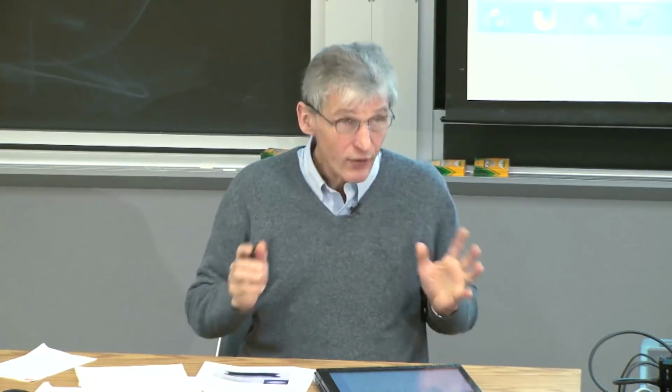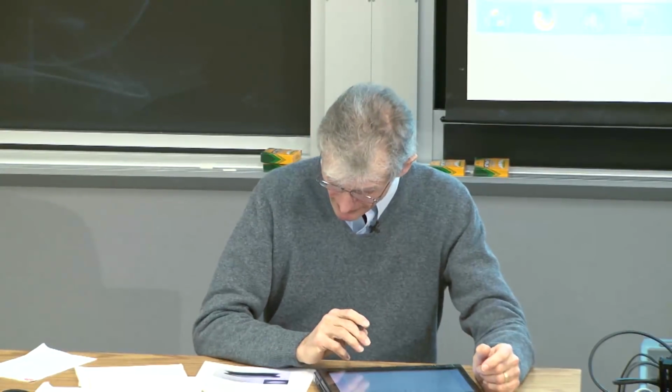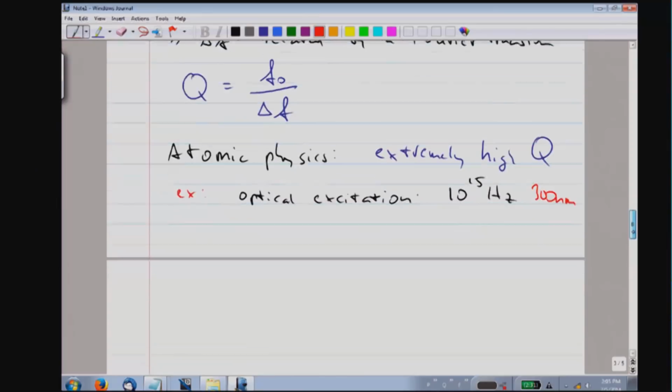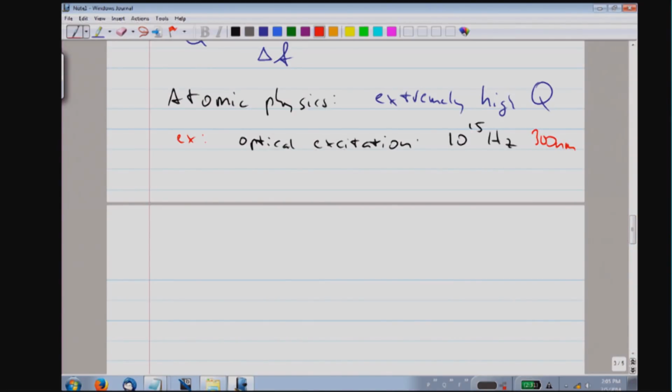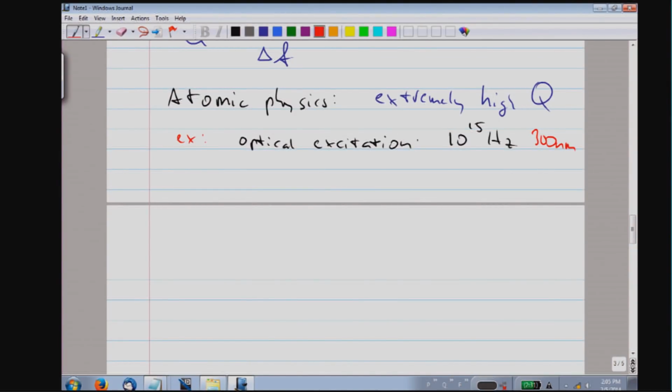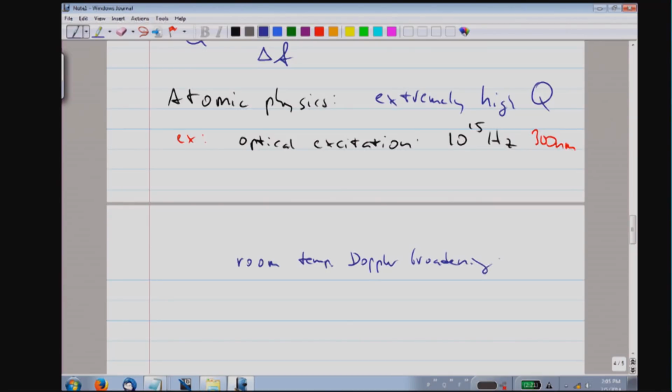Okay, so if we have an optical excitation, and many atoms have that, what is the Q? What is the quality factor of this resonance? Well, when you stabilize your laser to a vapor cell and you look at the resonance, then you observe in a vapor cell that you have room temperature Doppler broadening. We talk about Doppler broadening later in this course.